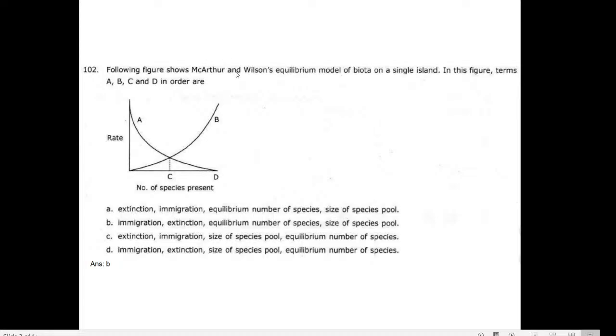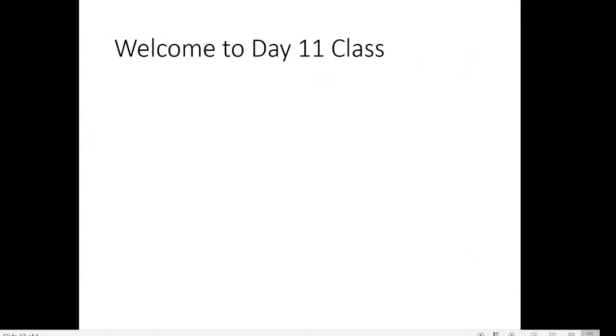Just Google it, and you can get the image with all that information. I'll also send that model and those equations. Yes, right, saturation point.